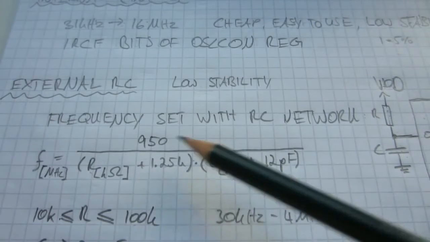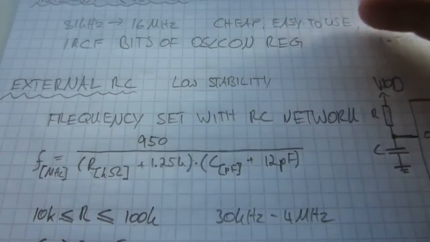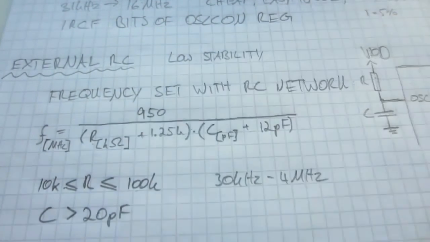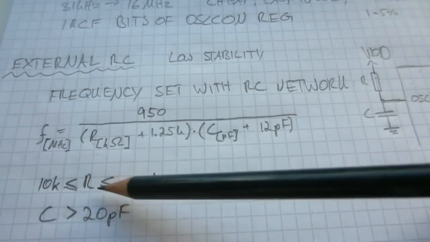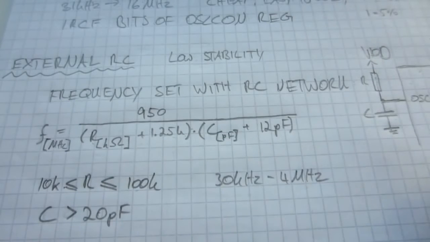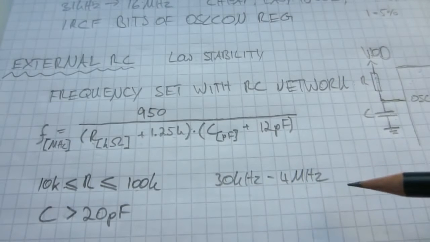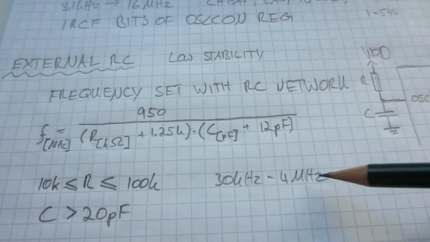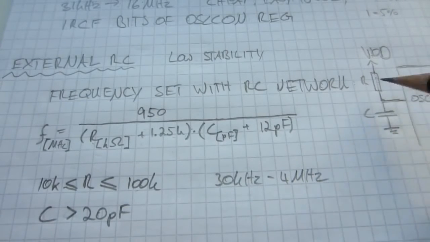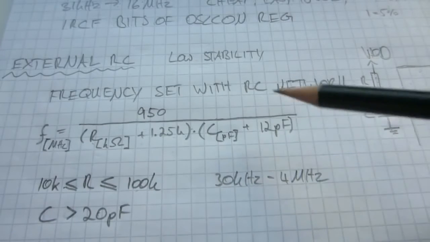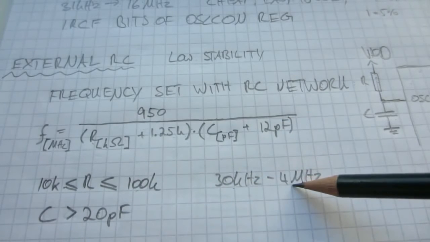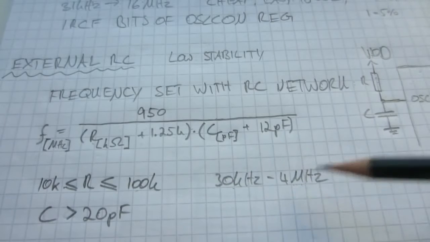And this is how you calculate the frequency. The resistor is between 1K and 100K, and the capacitor is bigger than 20 picofarads. And the frequency of this RC network can be set from about 30 kilohertz to 4 megahertz.